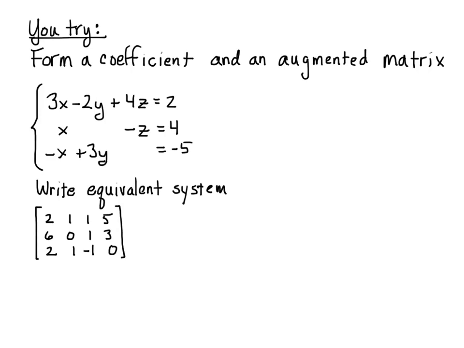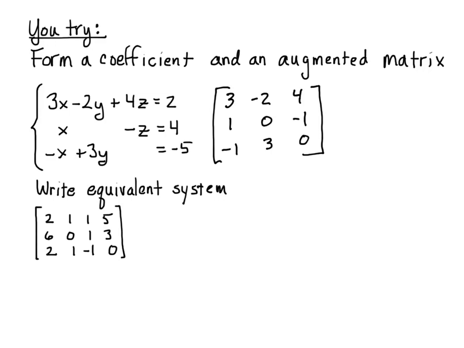Okay, so let's do this then. The coefficient matrix would just be 3, -2, 4, 1, 0, -1, and -1, 3, and 0. So there's your coefficient matrix.